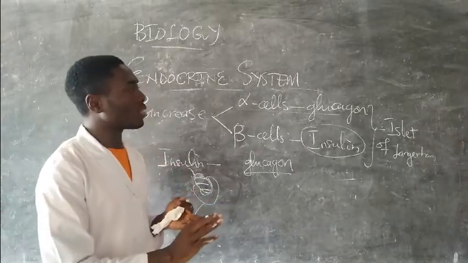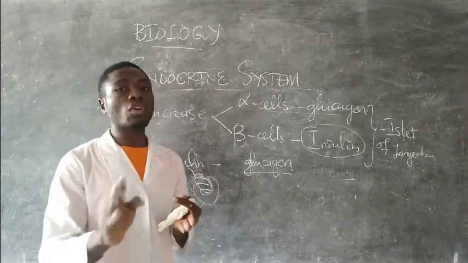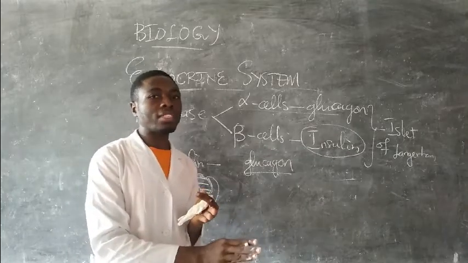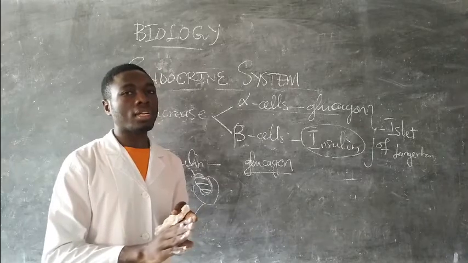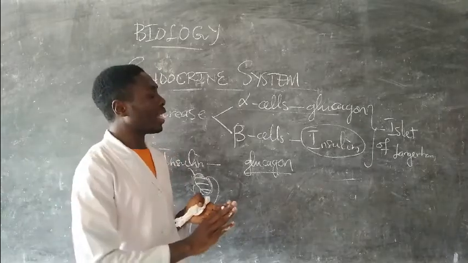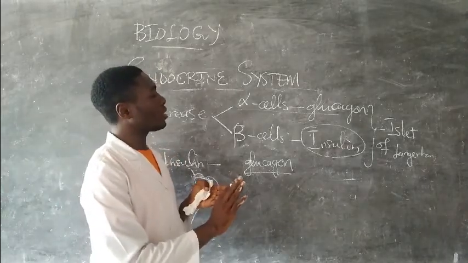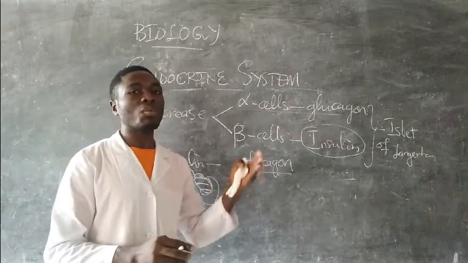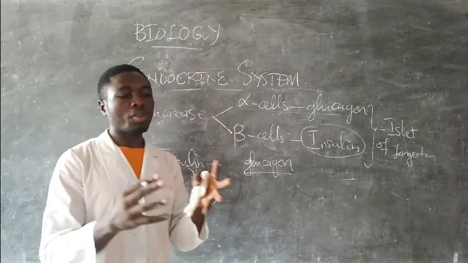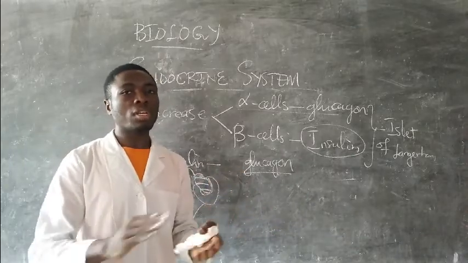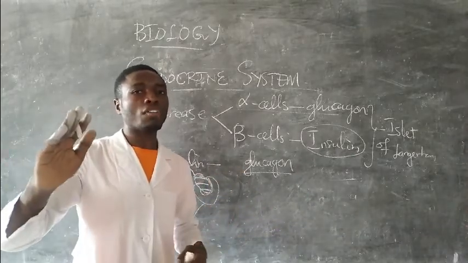It also causes conversion of fat in the adipose tissues back to glucose, which we call neoglycogenesis. And it also decreases glucose metabolism within the cells to make sure that enough glucose is left in blood in order to elevate the level of glucose.